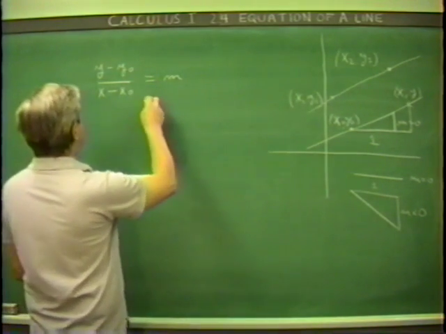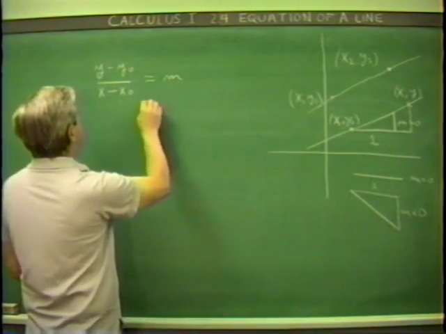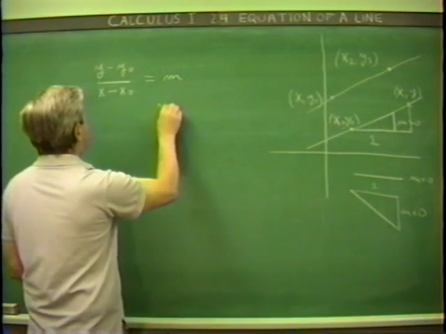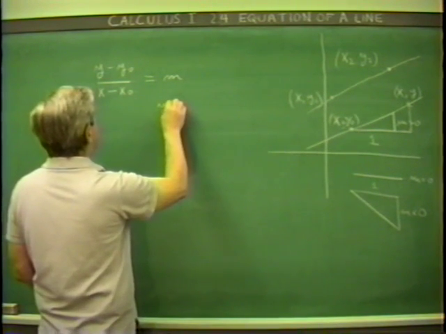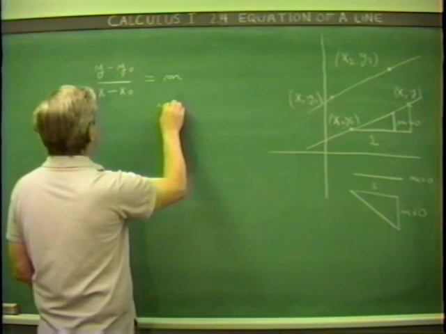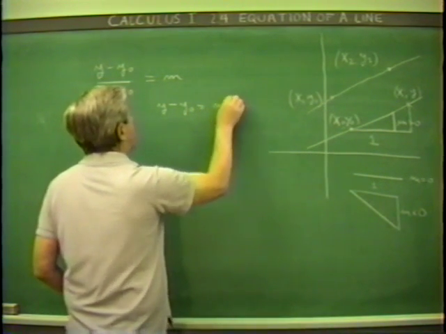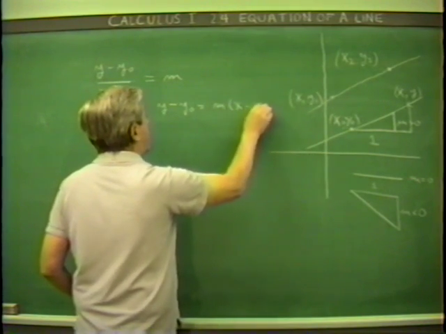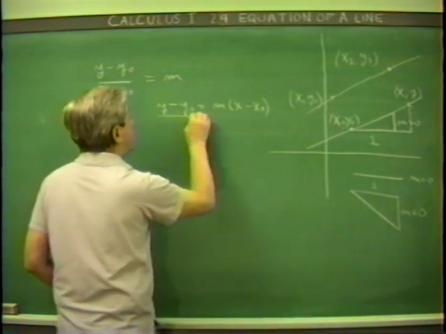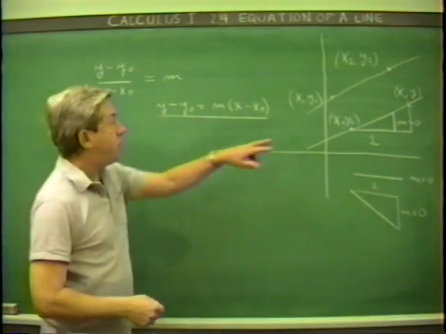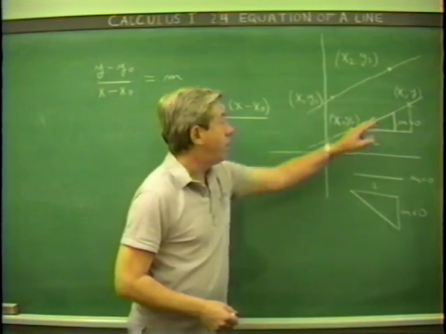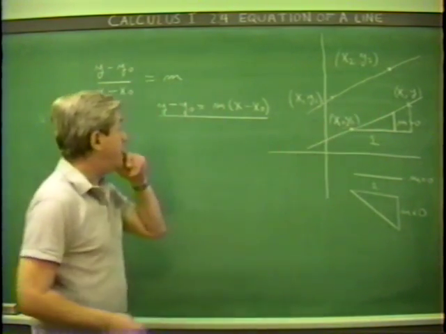Or the equation of the line multiplying this across here is given by y minus y naught is equal to m times x minus x naught. One should note that that's really easy to derive if you're given the point x naught, y naught, and a slope m.